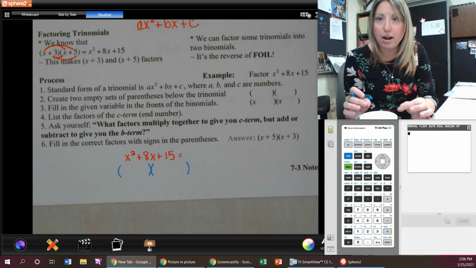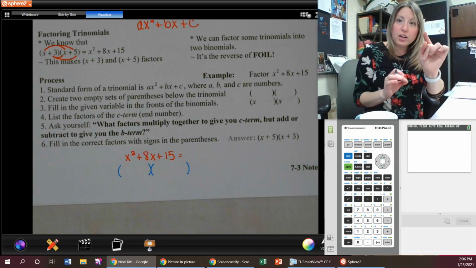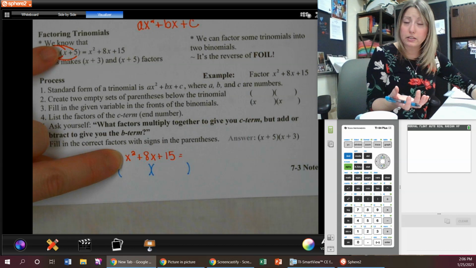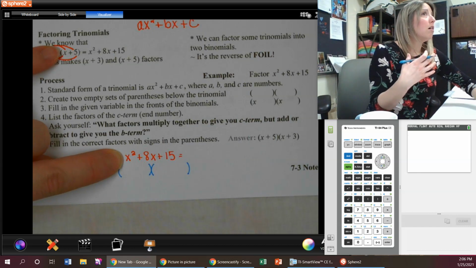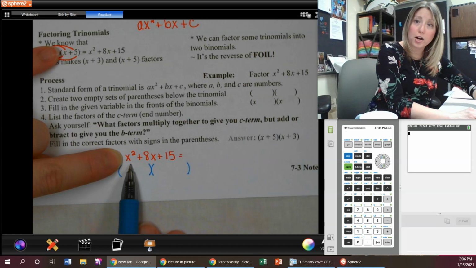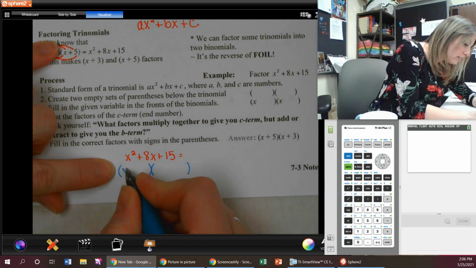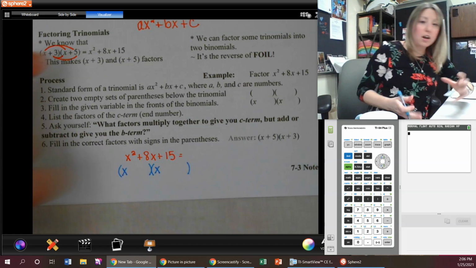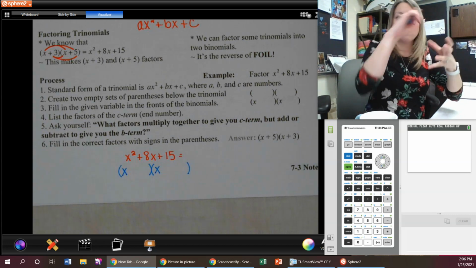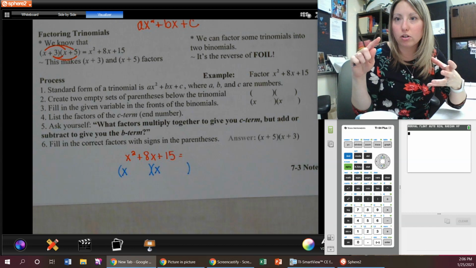That's going to be my binomials. The second thing I do is look at the variable being used, typically x, but not always. That variable times itself gave me this x squared, so an x times an x is what needs to go in the fronts of my two binomials for that first multiplication in FOIL.